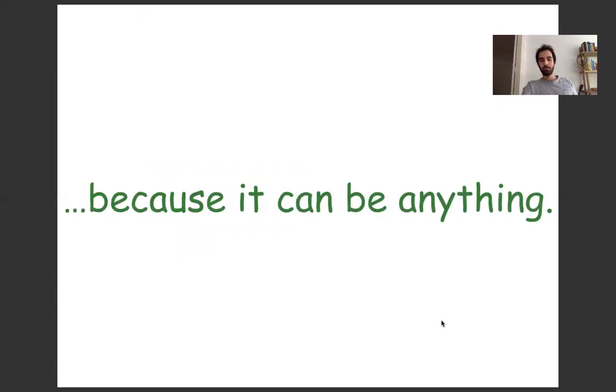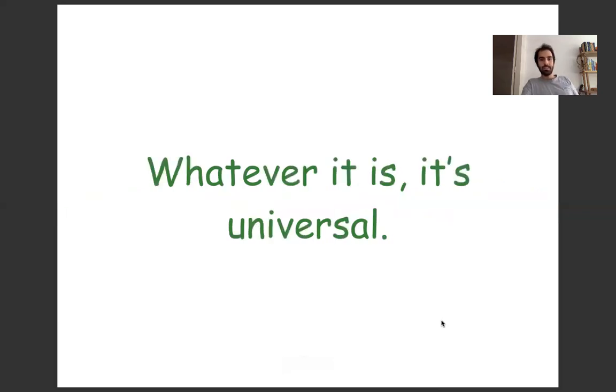Anything can encode information, right? I mean, bits on a computer, or sketches on a notebook, or dominoes, or whatever it is, it's universal. Anything really can contain information and encode information if you do it properly.